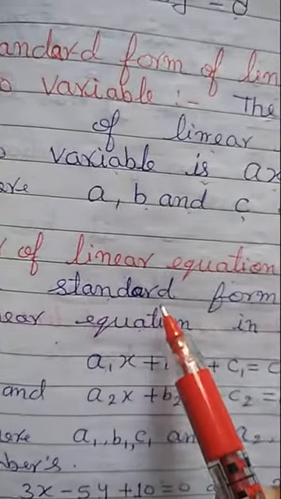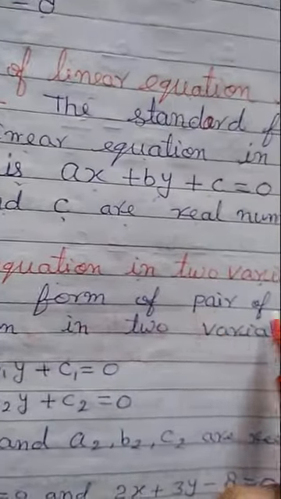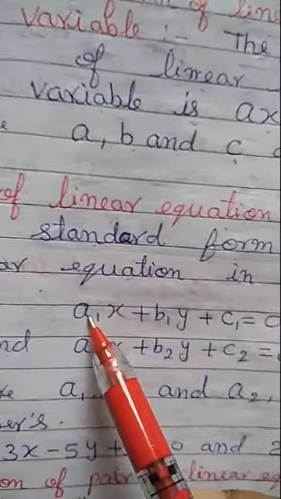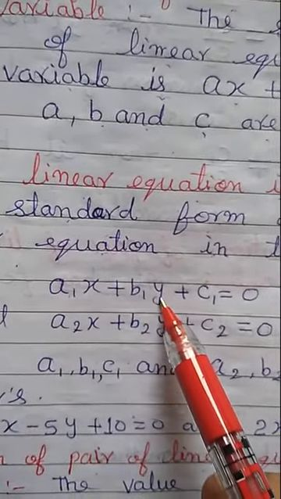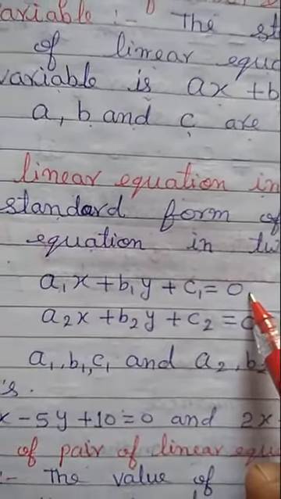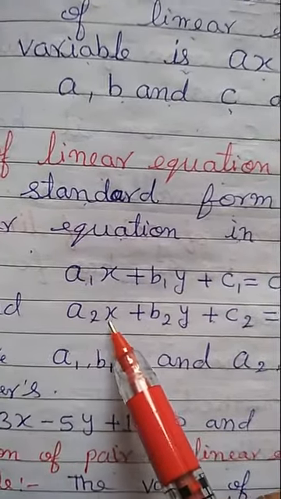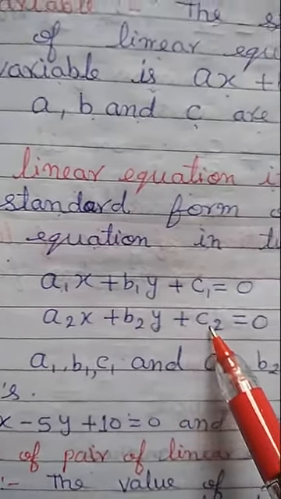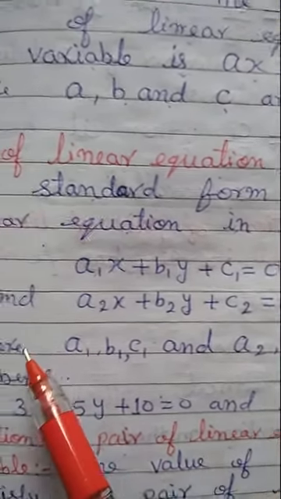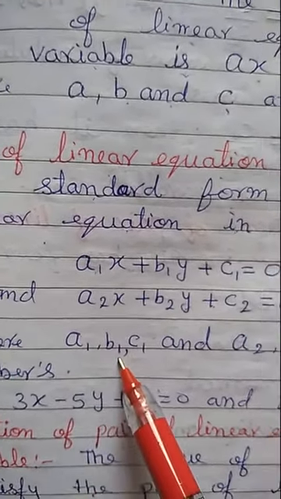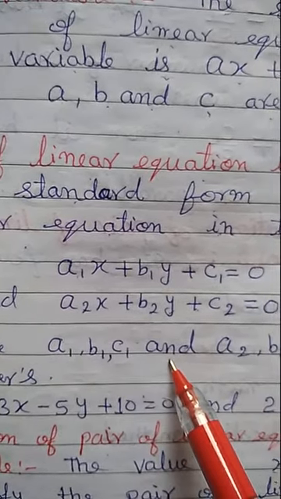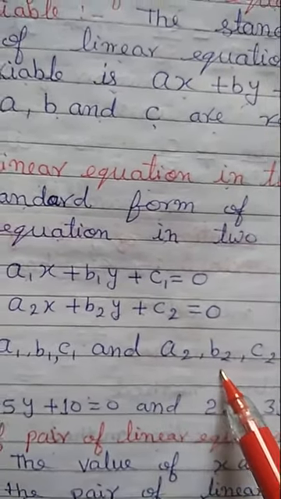The standard form of a pair of linear equations in two variables is a1x plus b1y plus c1 equal to 0 and a2x plus b2y plus c2 equal to 0, where a1, b1, c1 and a2, b2, c2 are real numbers.